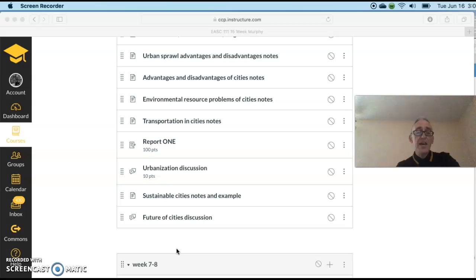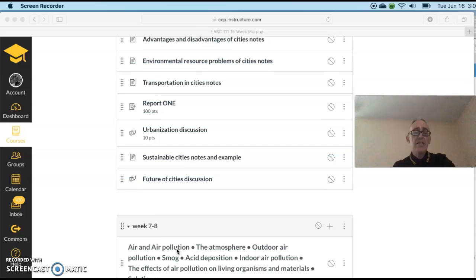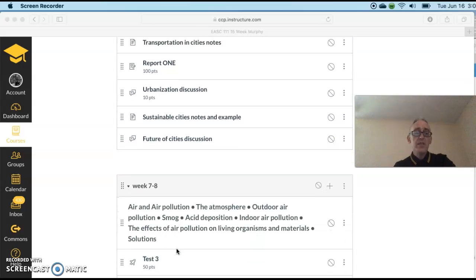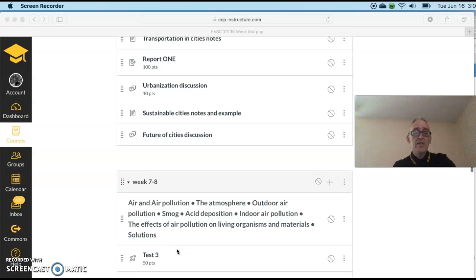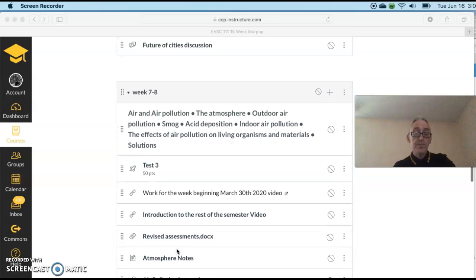By weeks 7 and 8, we'll start to move into some of the more scientific concepts such as air and air pollution, the atmosphere, and outdoor air pollution. Again, we'll have a test relating to this, and we'll also have notes relating to it.